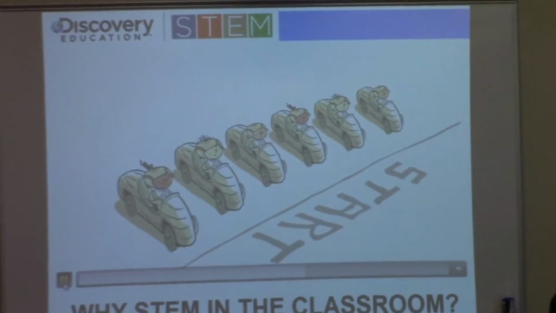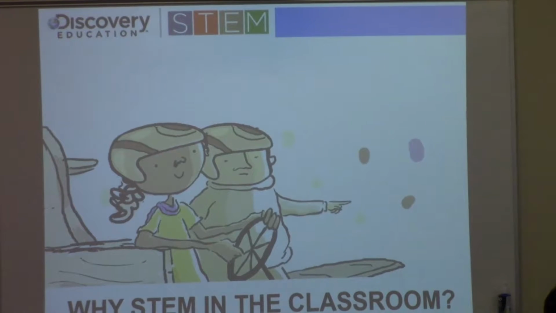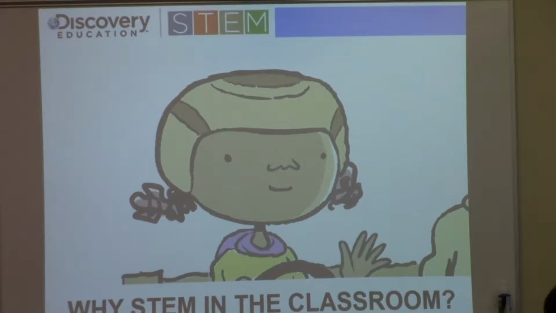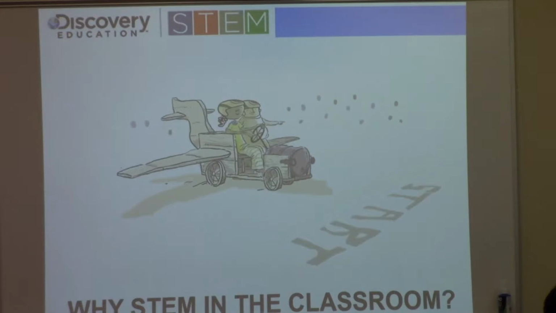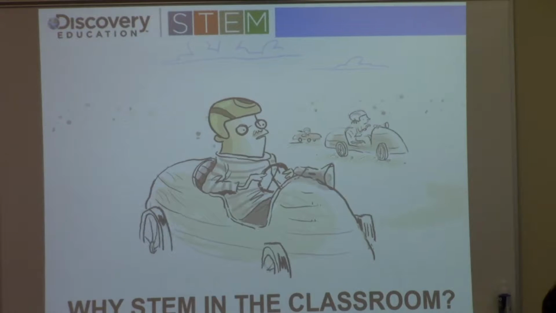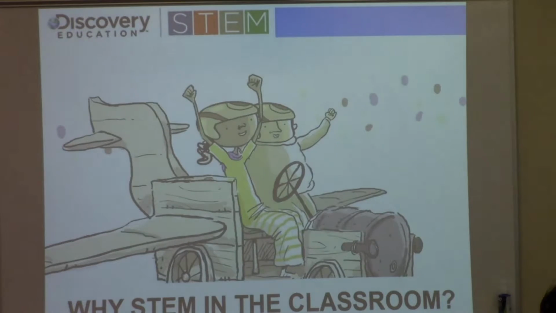"On your mark. Get set." Charlie shouted, "Maya, they're all ahead of us. What are we waiting for?" "No worries," said Maya. "Flaps down, throttle up." "Whoa, did you see that?" "And we have our winner." Charlie and Maya were ecstatic.